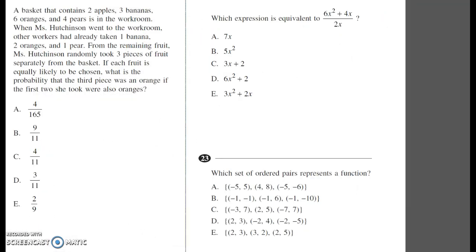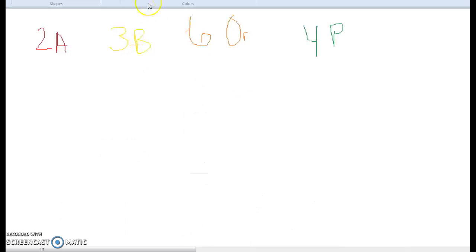When Miss Hutchinson went into the workroom, other workers had already taken 1 banana, 2 oranges, and 1 pear. So I'm going to subtract those from what's on there. So they had already taken 1 banana, 2 oranges, and 1 pear. Okay? So now I have new numbers for all of these.